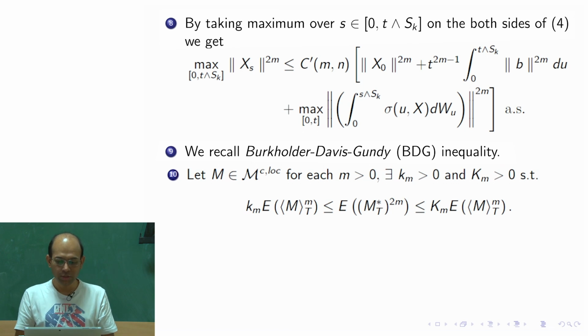So let us read this carefully. What is M star capital T? M star capital T is actually this thing: the absolute value of M at small t, and then take the maximum or supremum over all small t between 0 and capital T. So as capital T increases, M star T is non-decreasing, correct? It increases.